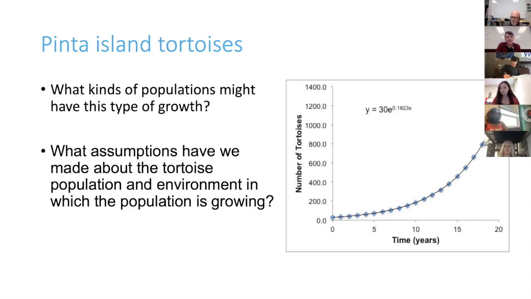In fact, the next kind of population growth we're going to talk about is density-dependent population growth, where as the population size increases, there's more competition, and that can influence the rate of growth. There was a group of researchers for a while that didn't really think that happened very much.